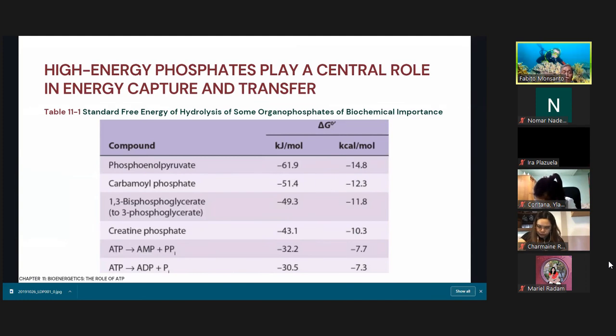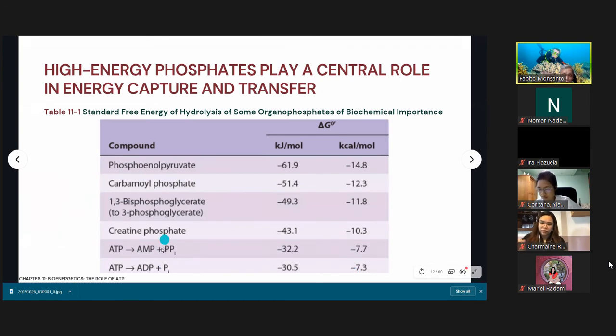Now this is a table for high energy phosphates. Where is your ATP? It's here. When ATP releases one phosphate, it produces 7.3 kilocalories per mole.